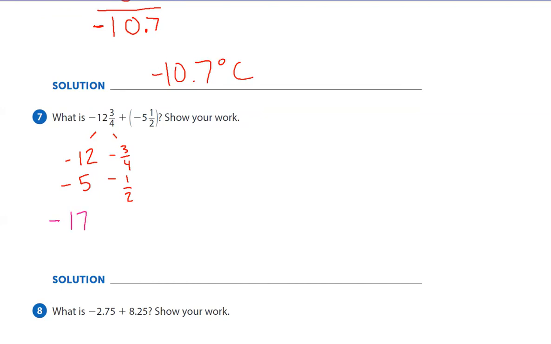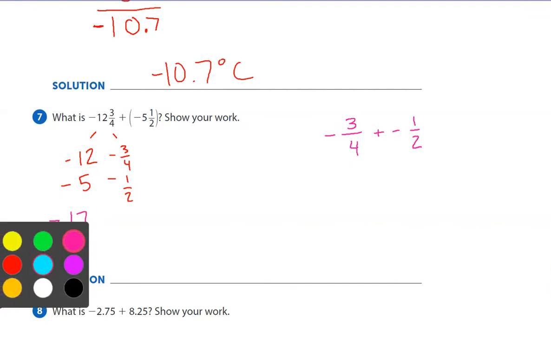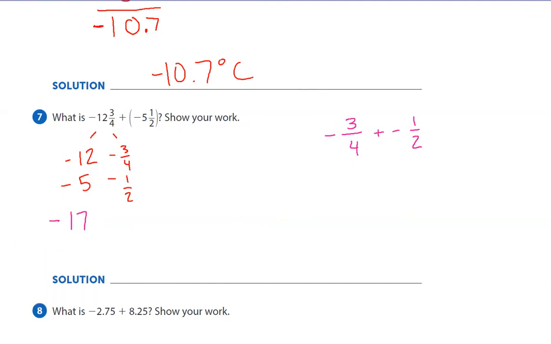Now we've got to combine 3/4 and 1/2. So I will show that work over here because I don't want to ditch you guys if you can't do that in your head. Negative 3/4 plus negative 1/2. So we're combining these because they're both negative. And if you recall, in order to add and subtract fractions, we need a common denominator.